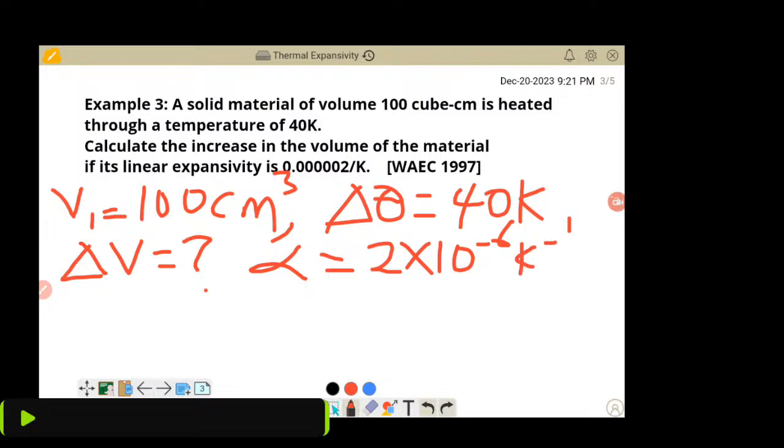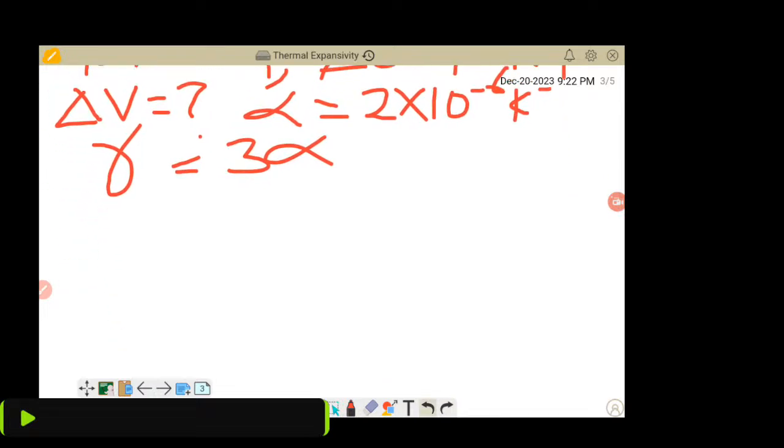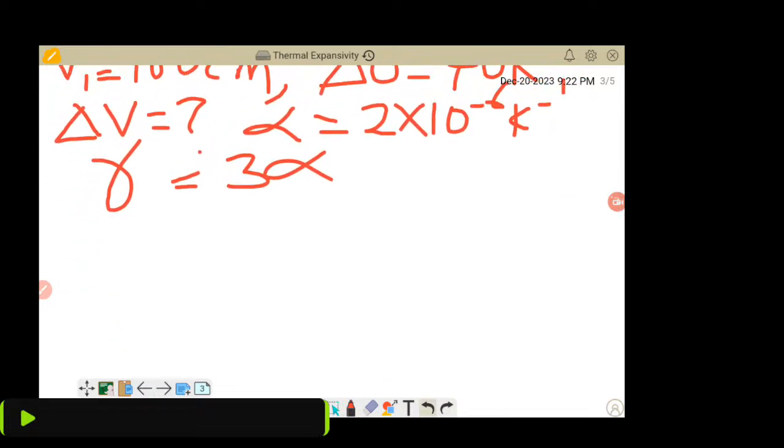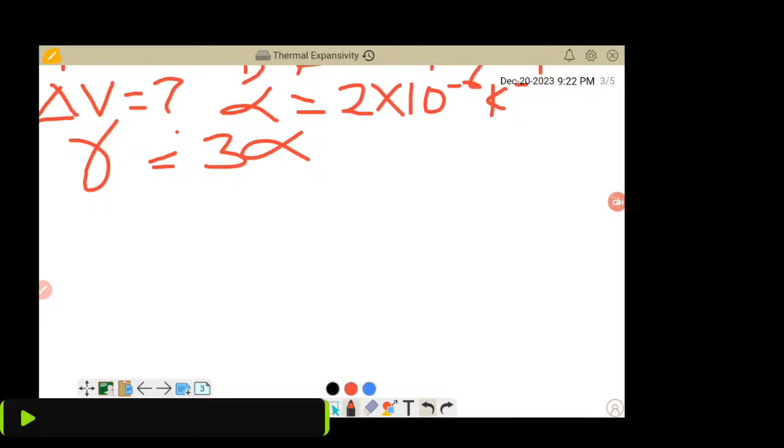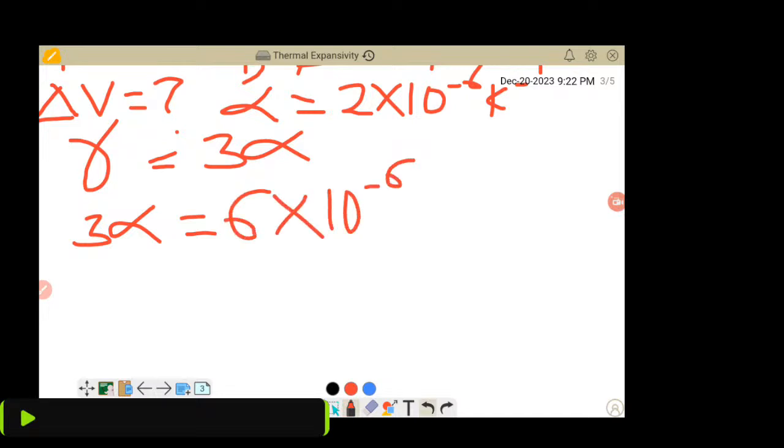And we all know that gamma, which is cubic expansivity, is equal to 3 alpha. So if you do that on your calculator, 3 multiplied by the value of alpha will be equal to 6 multiplied by 10 raised to power minus 6 per Kelvin.